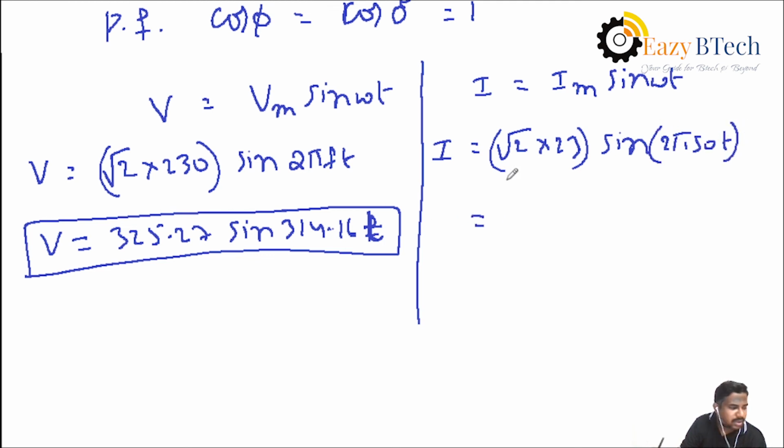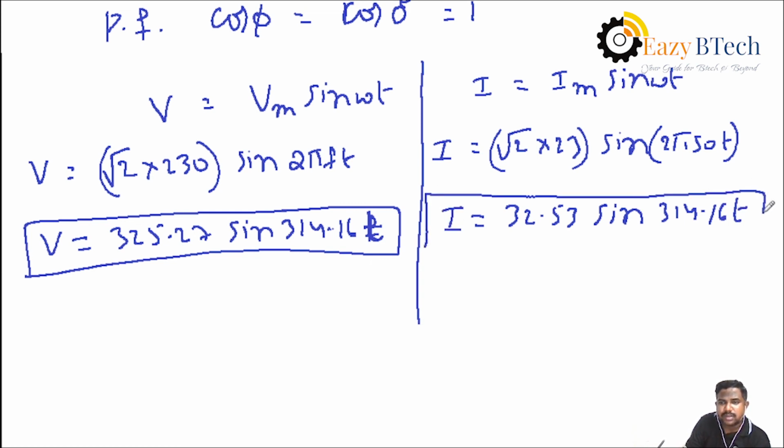Hence, root 2 into 23 is 32.53 sine 314.16 into t. This is the equation of the current.